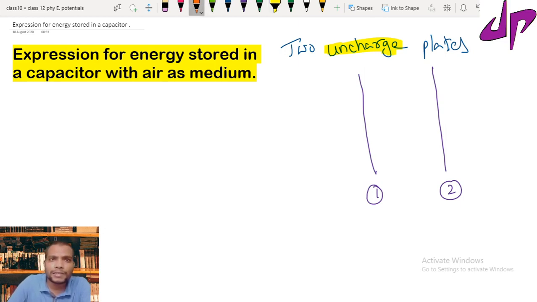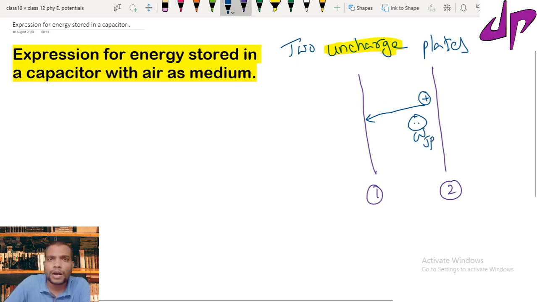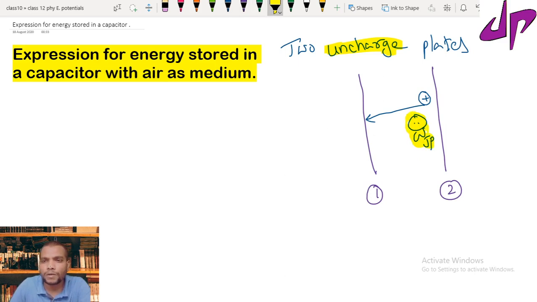Now imagine I am charging them by carrying a positive charge from plate 2 to plate 1.